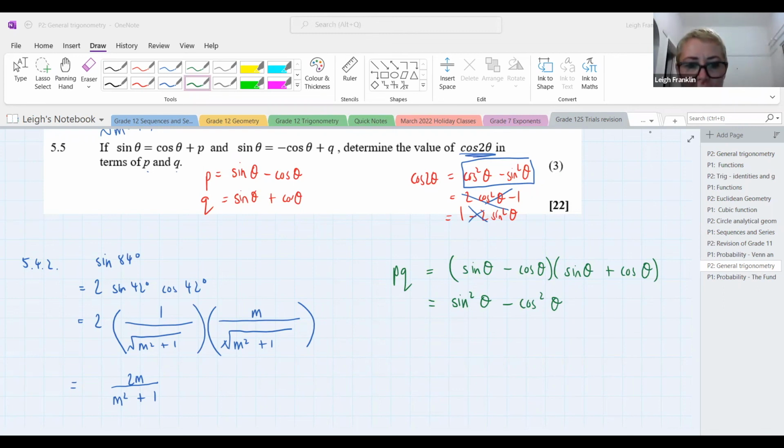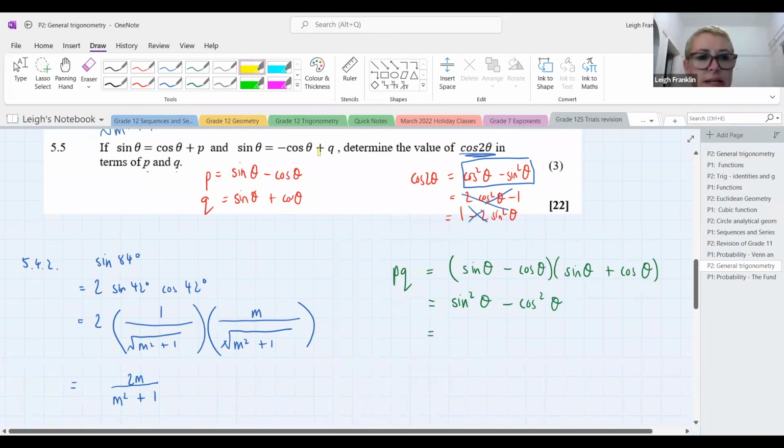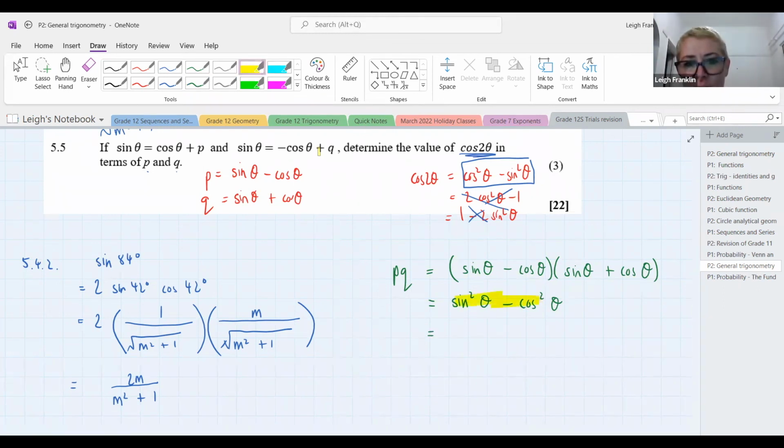Okay, now how can we relate what we see here that I'm highlighting in yellow to this? What can we take out of the green? Take out a negative. You can take out a negative, absolutely.